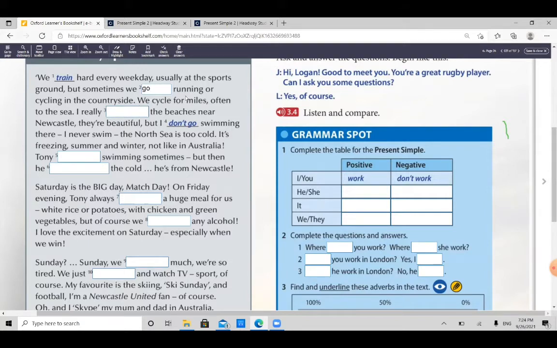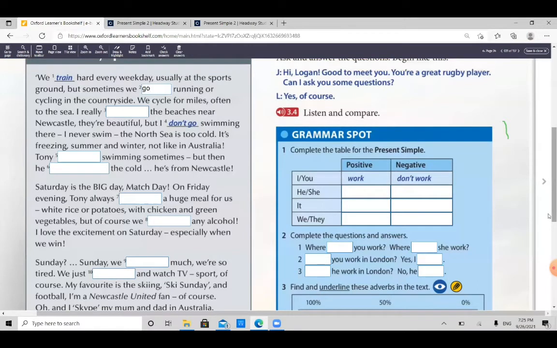Okay, thank you. So always remember any activity ending with ing, we use go with it. Go swimming, go shopping, go running, go cycling, etc. So all the activities that end with ing, we use go before it.